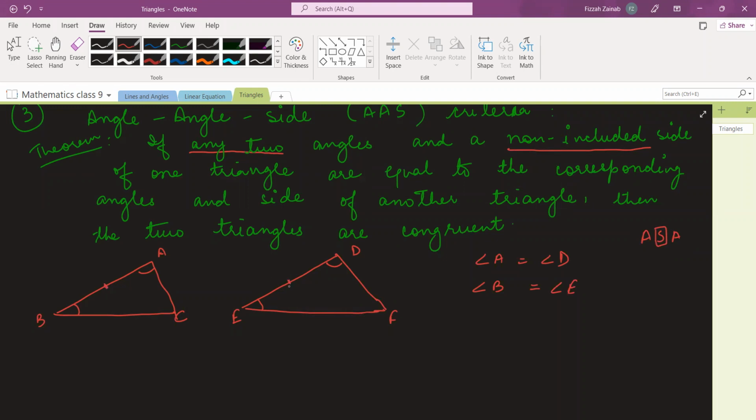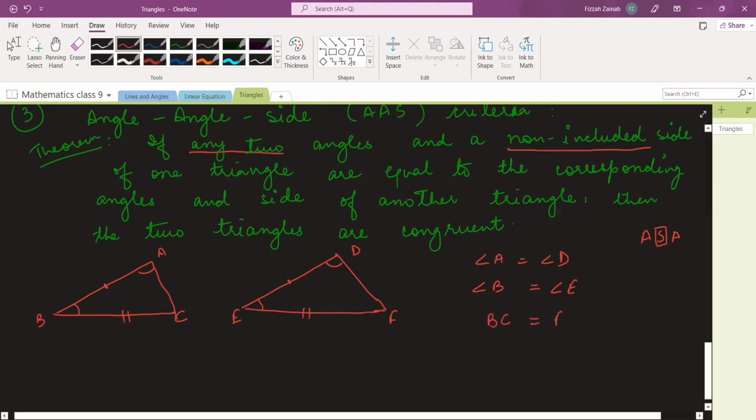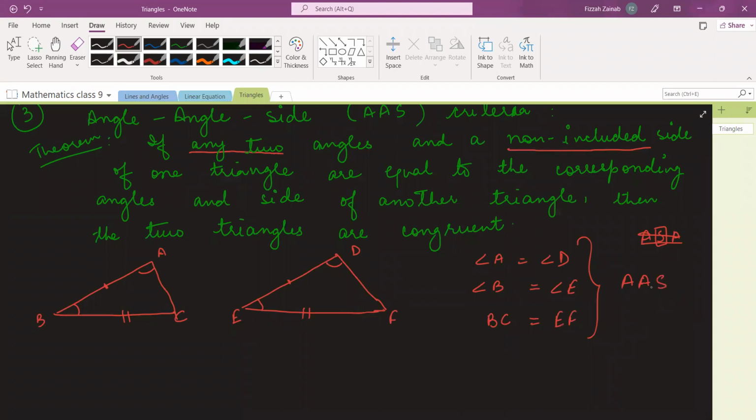Understood? Now, this time you can take a non-included side. So I don't want AB. BC is equal to EF, right? Or AC is equal to DF. If BC is equal to EF, only these three conditions are satisfied, so we say that by AAS criteria. If S is written on the right-hand side, that means it is the non-included side. Jaslyn, understood?